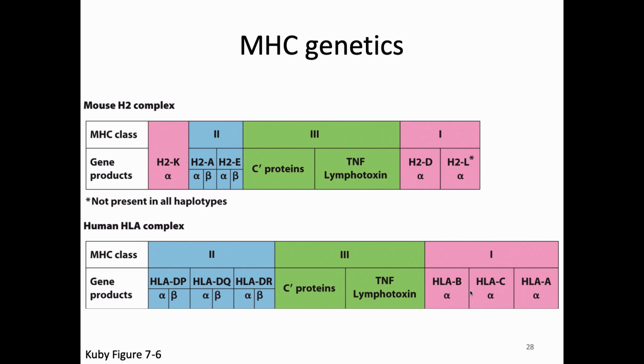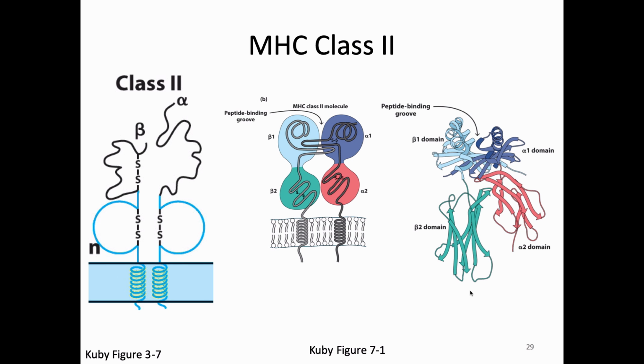Now we also need to kind of switch gears to think about Class II. Here is an image of MHC Class II. I refuse to draw MHC Class II. MHC Class II involves 2 proteins that are both about the same size. We have an alpha chain and a beta chain.